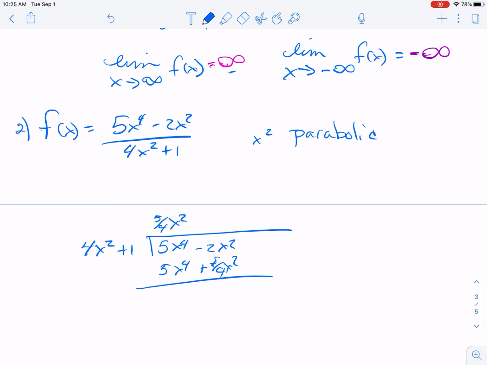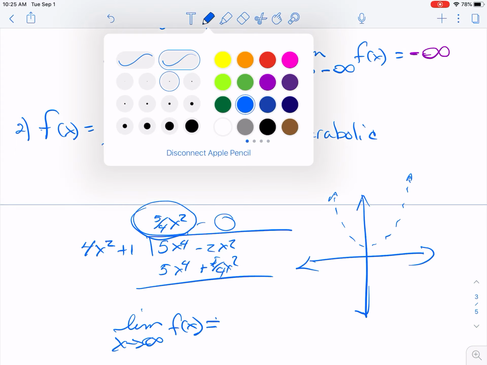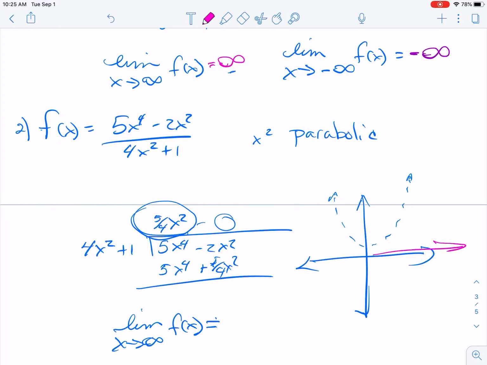What happens is I'm going to multiply by some constant here. This is a parabola with a positive leading coefficient. I'm not real picky about it. I don't know where it shifted to or up, but it's a parabolic asymptote. And in that case, the limit as x goes to infinity of f(x): here we are, x's are going this way, my y's are following that parabola up in the air, so it's positive infinity.